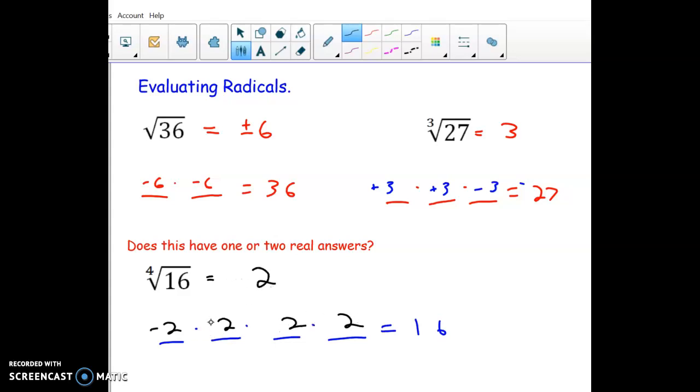And negative 2 will also work here, because these pair up and cancel, and then these pair up and cancel. If we have an even number there, it cancels out and gives us positive 16. So this one has 2 answers. We want to generalize: when do you have one answer, when do you have 2 answers, and there are actually cases where you have no answers. I'm going to let you think about that before going to the next slide.